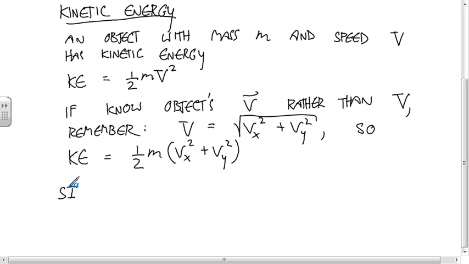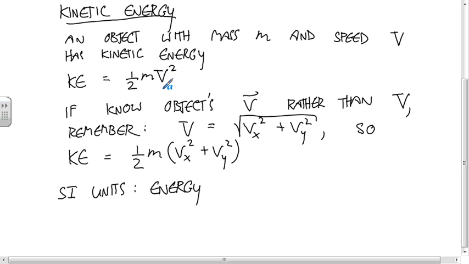SI units. This is actually the first time in this class that we've talked about energy at all. All types of energy have the same kind of units. Based on this expression for kinetic energy, you can see that the units have to be kilograms meters squared per second squared.